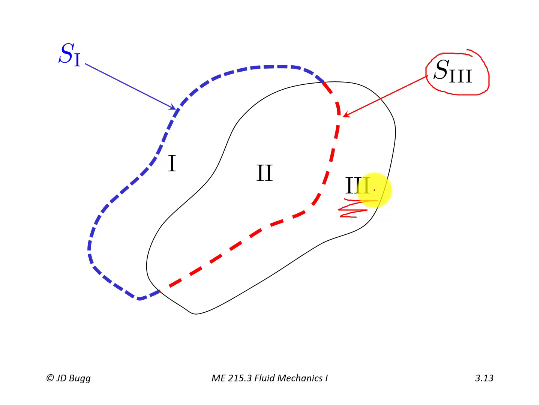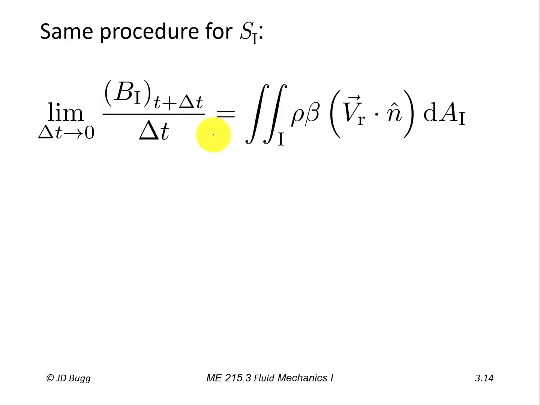Now, what we could do is go back and do exactly the same procedure for surface 1. That's going to say that the only way material can get into region 1 is by crossing this line, because nothing can cross this line. So we would go through exactly the same procedure, and as a result, we would get exactly the same thing.